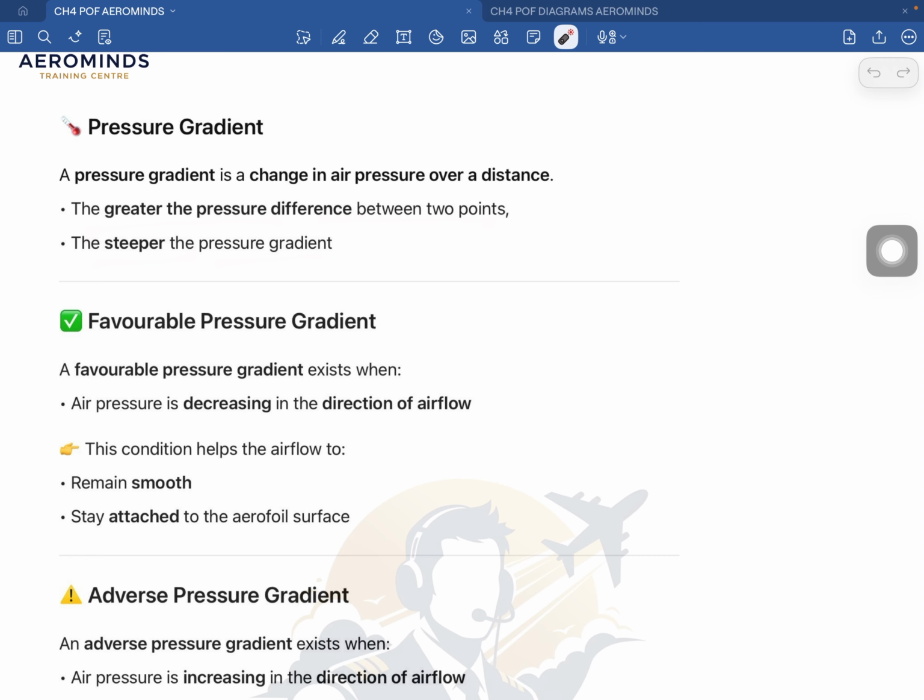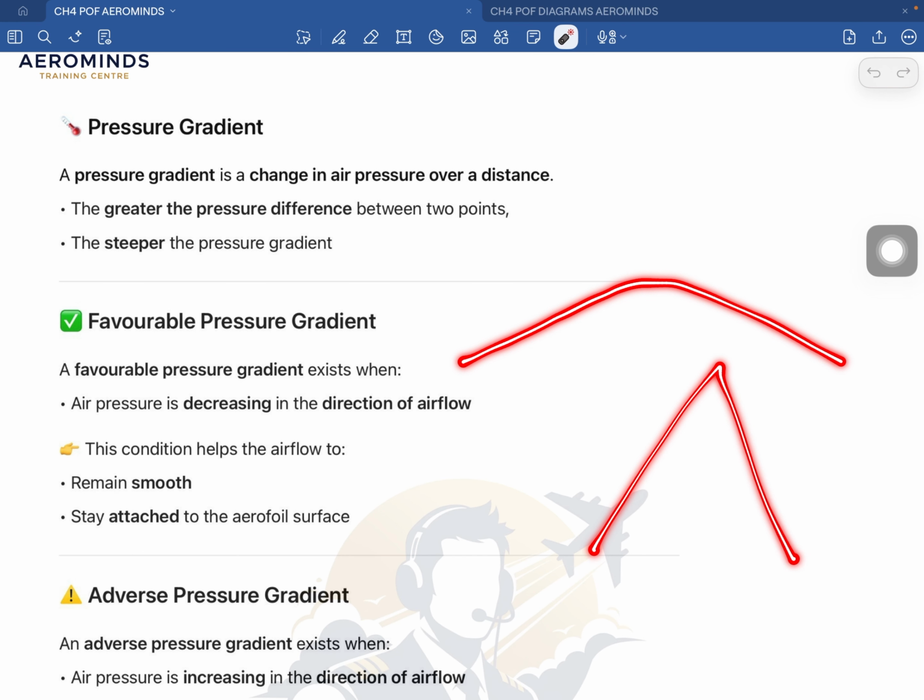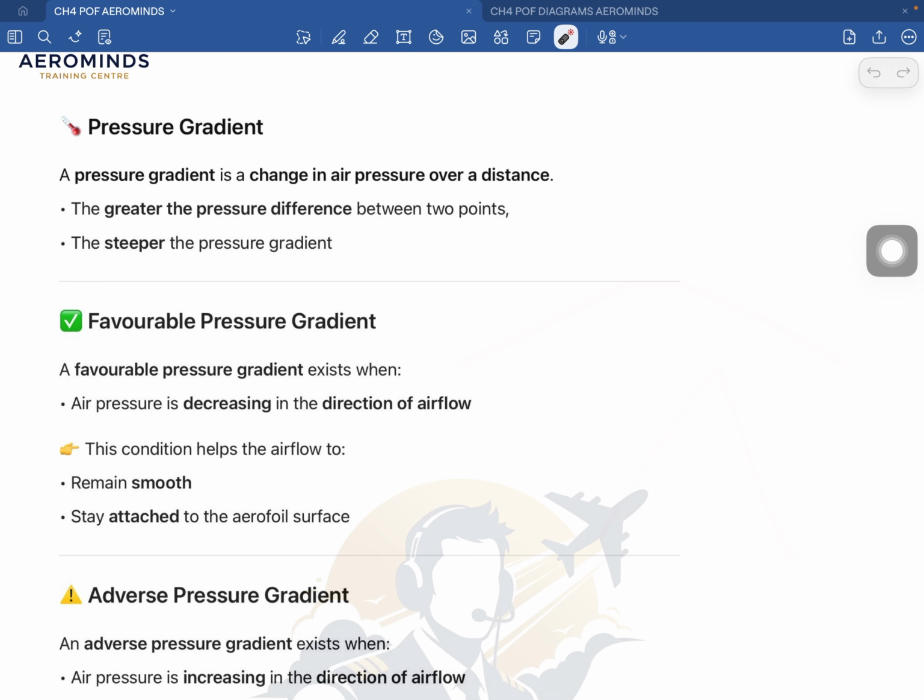Now think of a hill like this. If the height changes very slowly, it's a gentle slope like this. And if the height changes very quickly, like this, over a short distance, it's a steep slope. The pressure gradient is exactly like that, but instead of the height, we are talking about the pressure here.